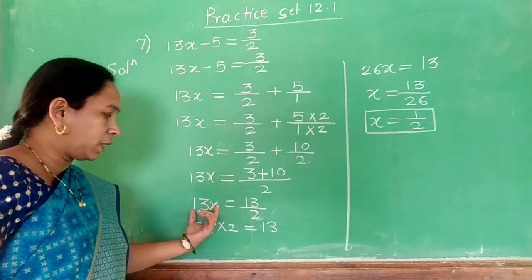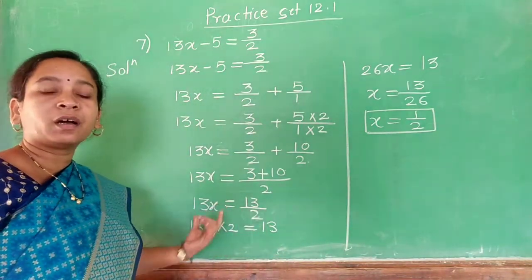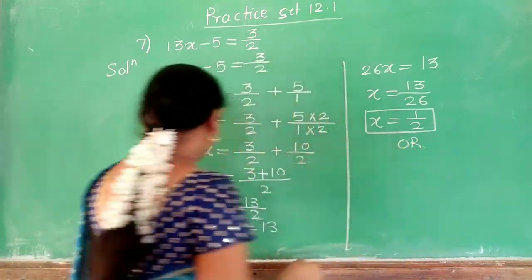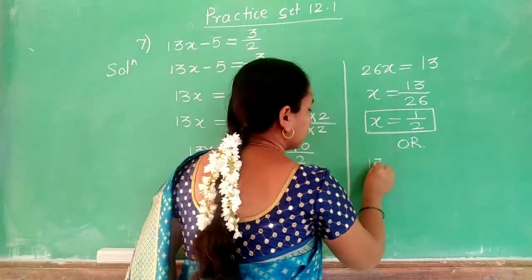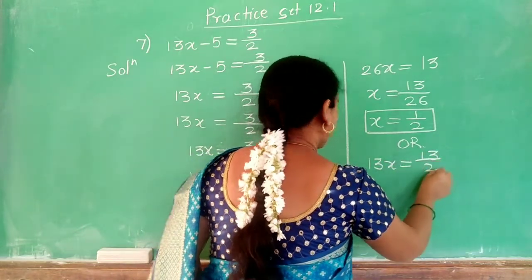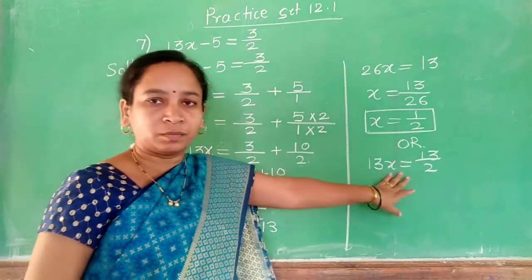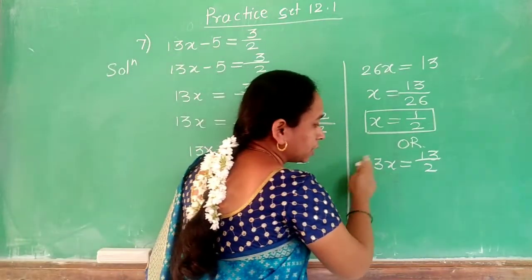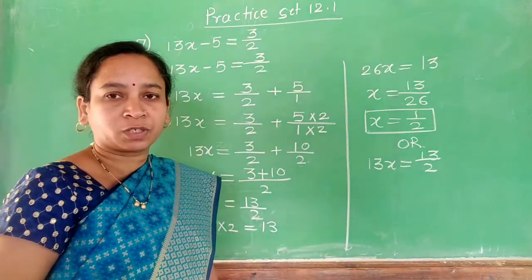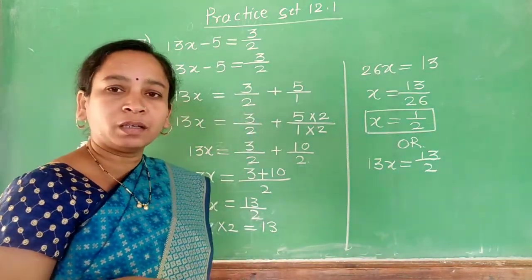These steps we can solve in another way also. So here I will show you. 13x is equal to 13 upon 2. Same step I have written here. Now, if you see 13 is in multiplication, if you transfer it on this side, it will go in the division. That means it will go at the denominator.